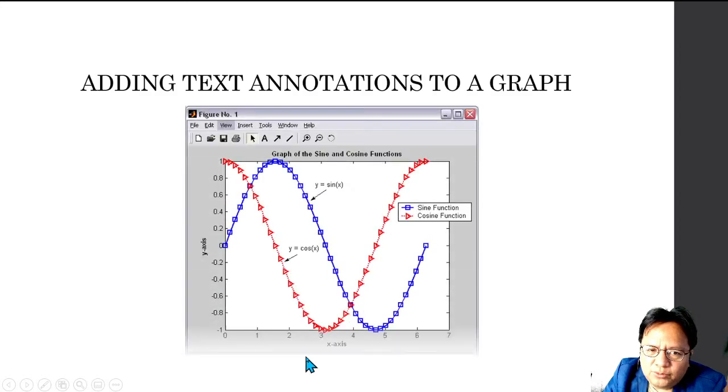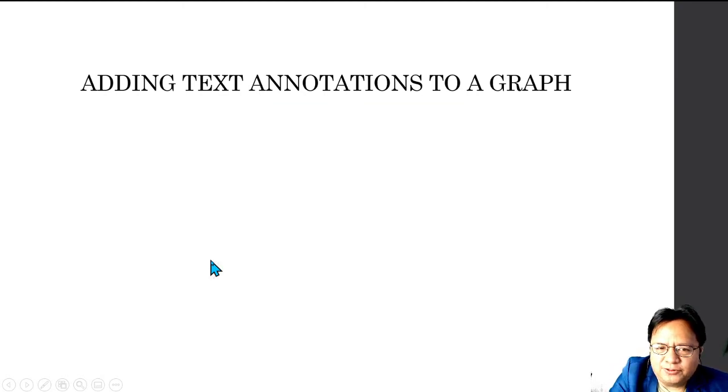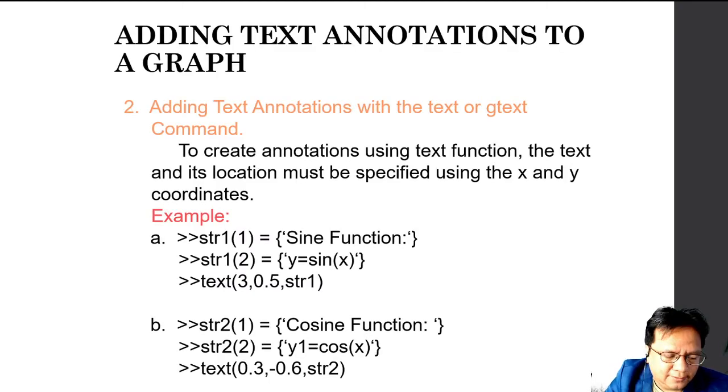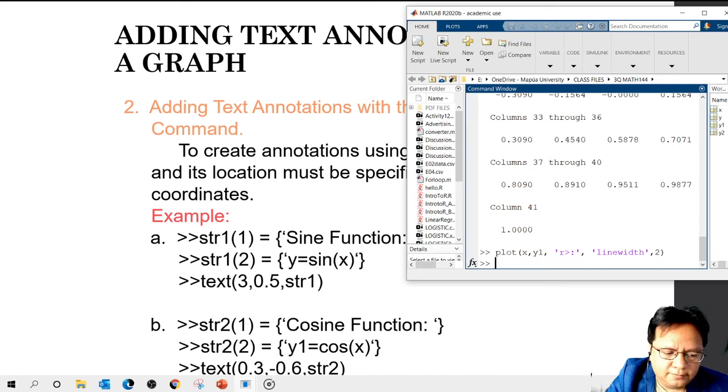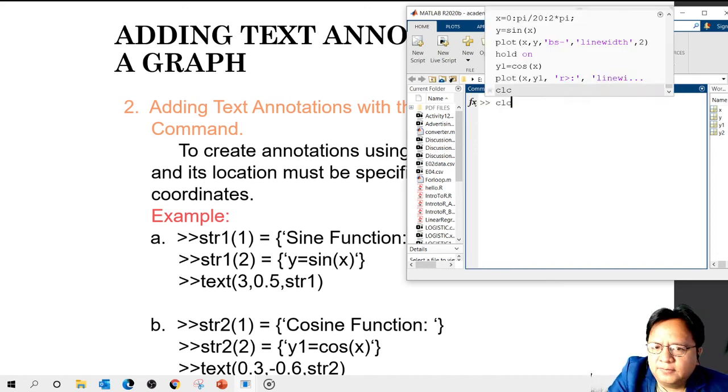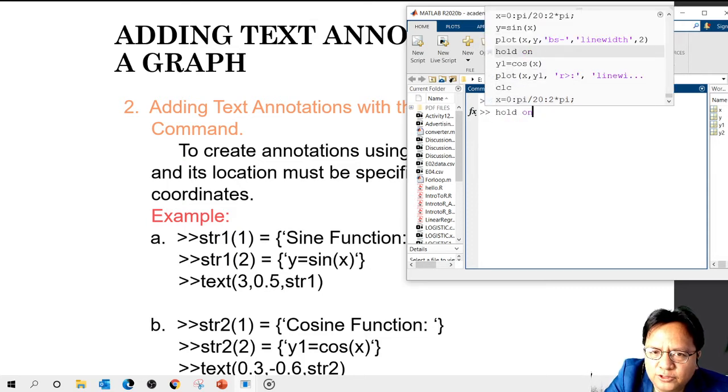So this is what would appear. So you have placed the graph of y is equal to sine x and y is equal to cosine x. So let's try to do that. So we have the x values.